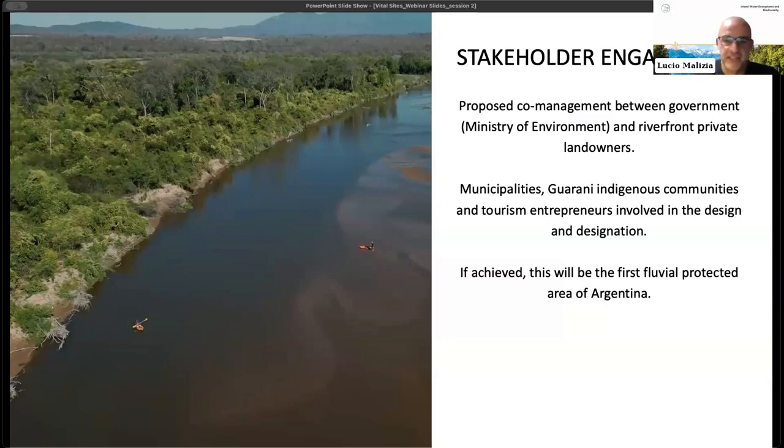They pass the river at some bridge sometime, but they were not really aware of the river and the possibilities. So we have been working with all these stakeholders for the design and eventual designation of the protected area.